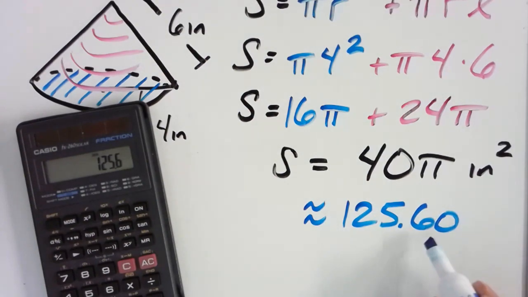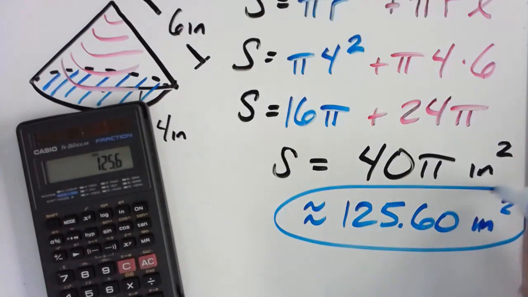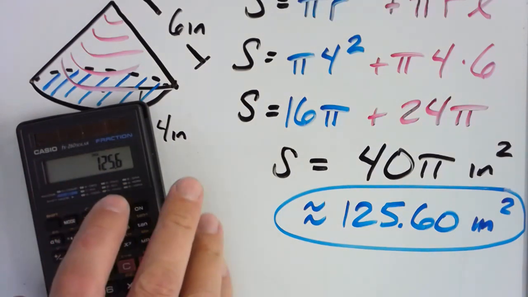And then to 2 decimal places, I would just add in the 0 right there. So this right here would be my answer for the square units, the area of the material that makes this cone. Again, if I were to think of it like an ice cream cone, this is the batter that makes the container, also including the base.